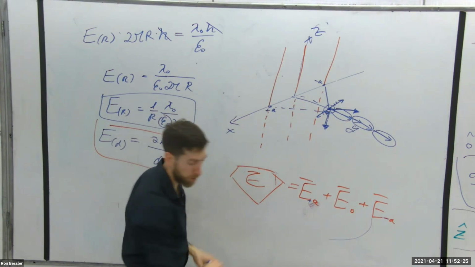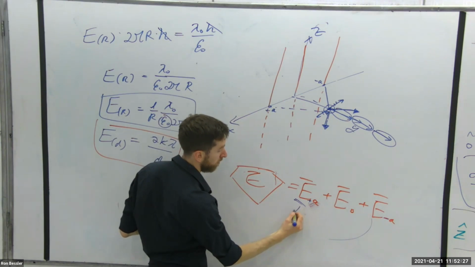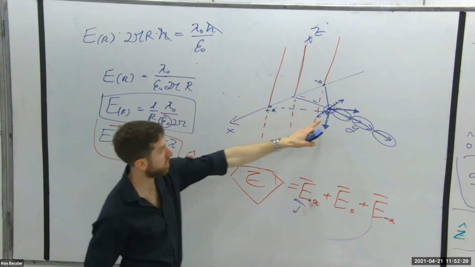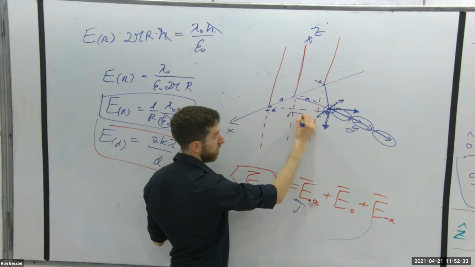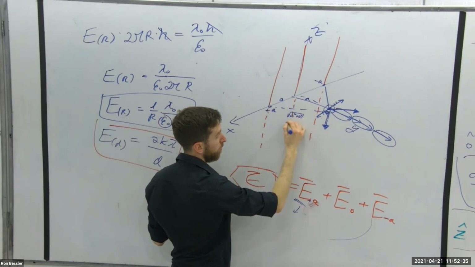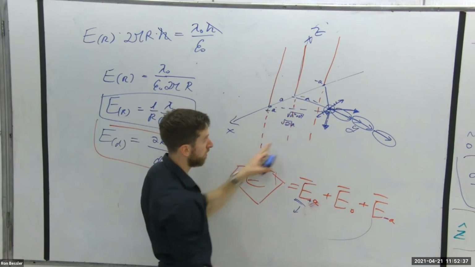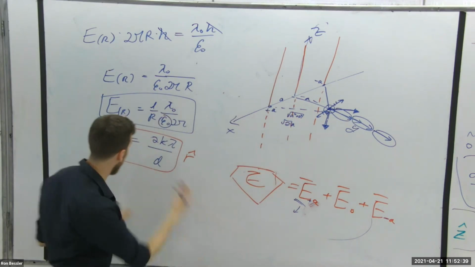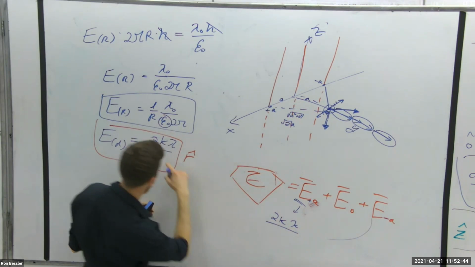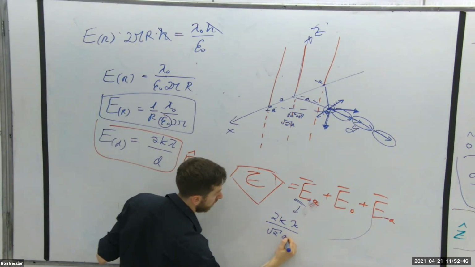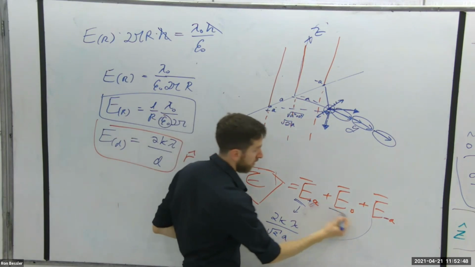So this one equals what? This distance is A, this is A, so this is A squared plus A squared, 2A squared. So this one is actually 2kλ over the distance.